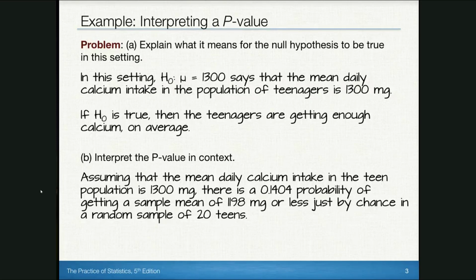Recall that when we interpret a p-value, what we're saying is, assuming the null hypothesis is true, here are the chances we'd actually observe a sample value as extreme or more extreme than the one we saw. In this case, that 14% chance is pretty high, so I don't know that we have enough evidence to reject the null, but we'll learn a bit more about that later.